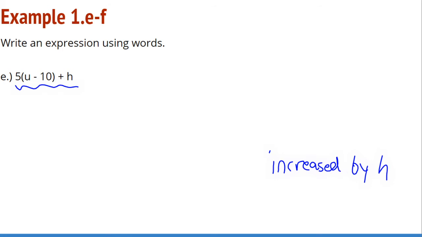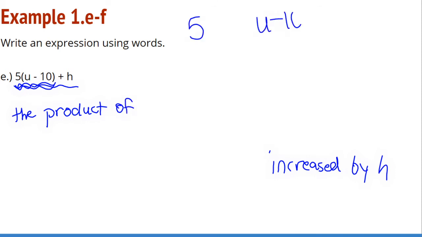Now looking at this first part, how can I take and write this out? Well, I know I've got a product. So I've got the product of, now I've got two parts here. I've got a 5 and I've got a u minus 10.